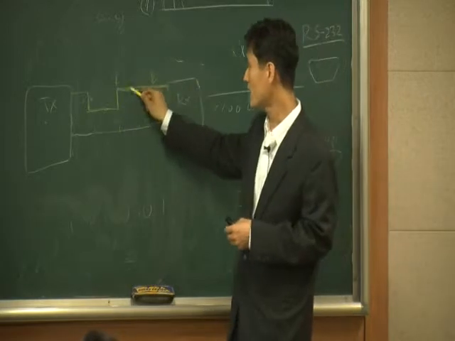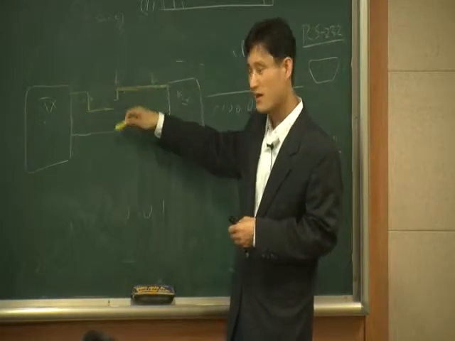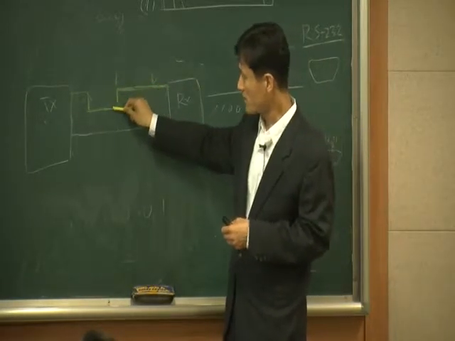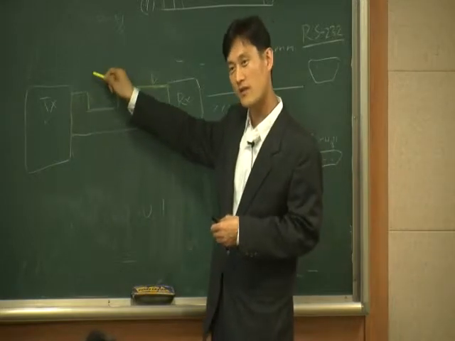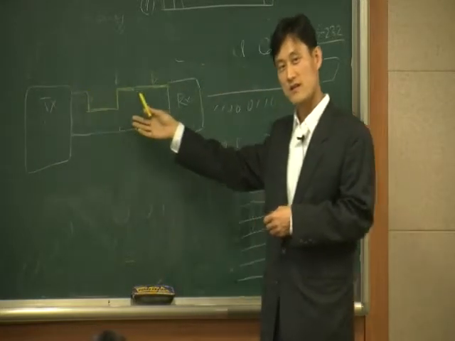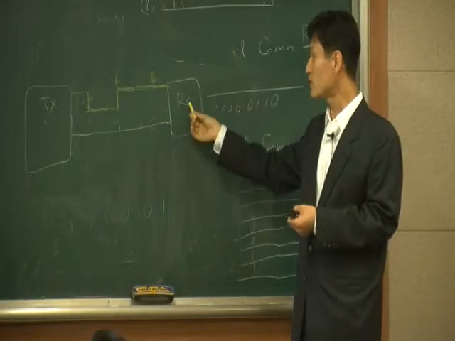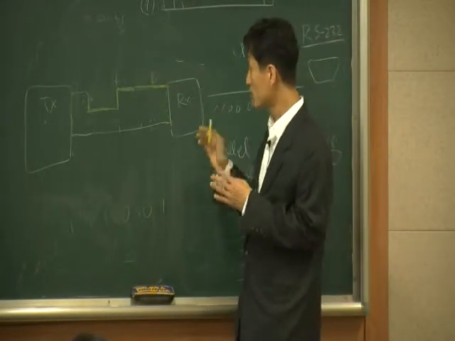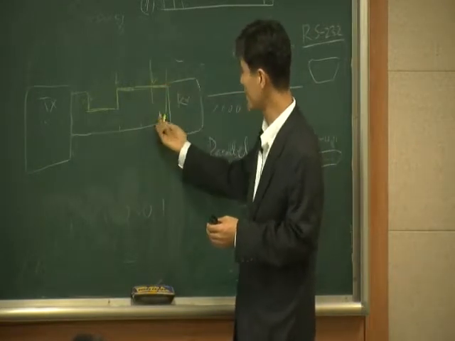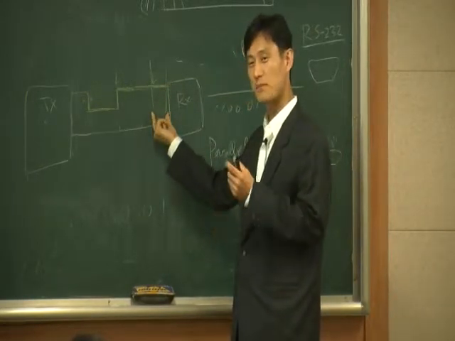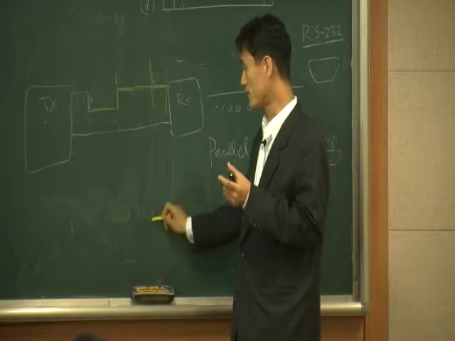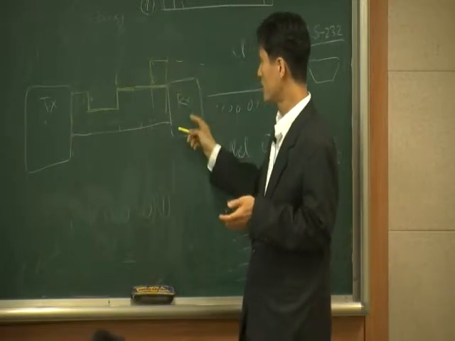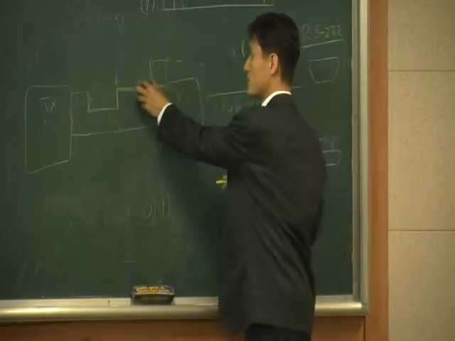It stays at 1 for a long time, then down to 0, stays for a certain time, and goes up and stays. Something like this, right? In that case, the receiver doesn't know the size of your sample. Each one is one sample. The receiver never knows the sample duration.